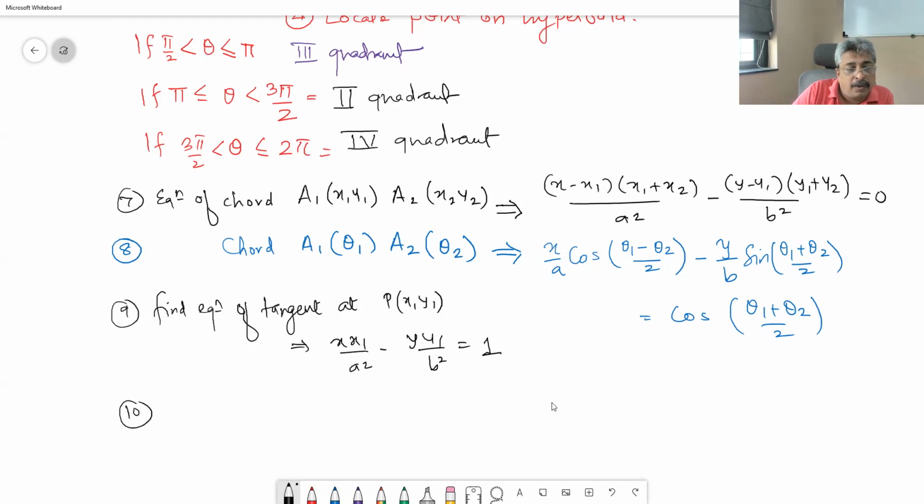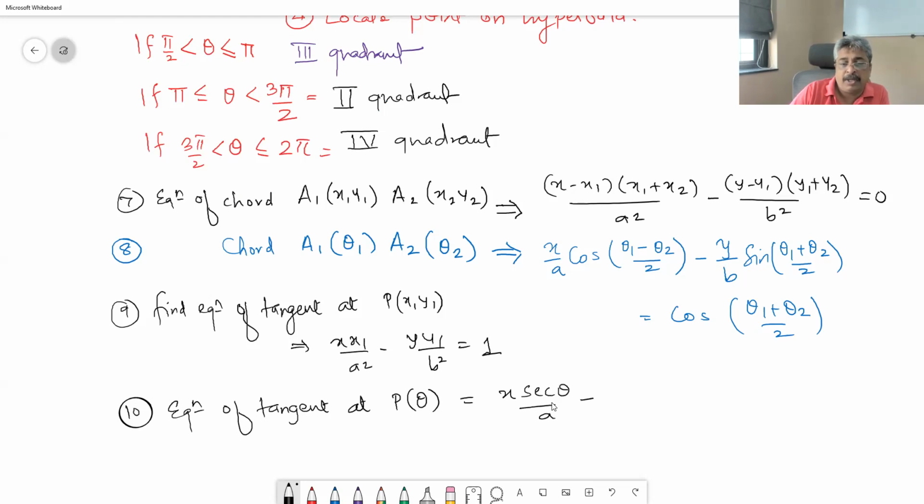Point 10: equation of the tangent at P theta is x sec theta upon a minus y tan theta upon b is equal to 1. Simple.